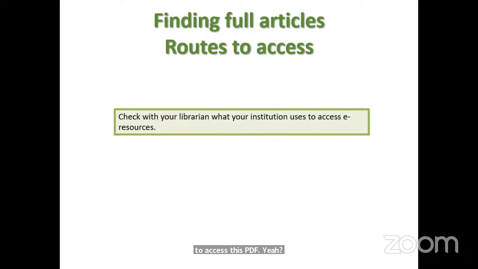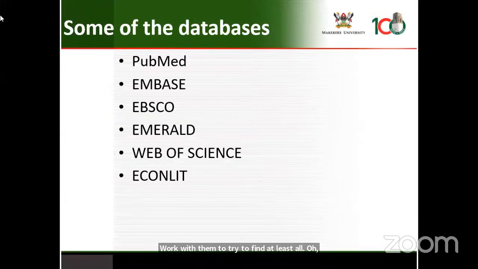You have to report even the search, what you have been doing, that search strategy I showed you, we have to publish it with a systematic review. So for finding full text articles, you need to work with your librarian at your institution, to try to find at least all the PDFs that you want for screening.